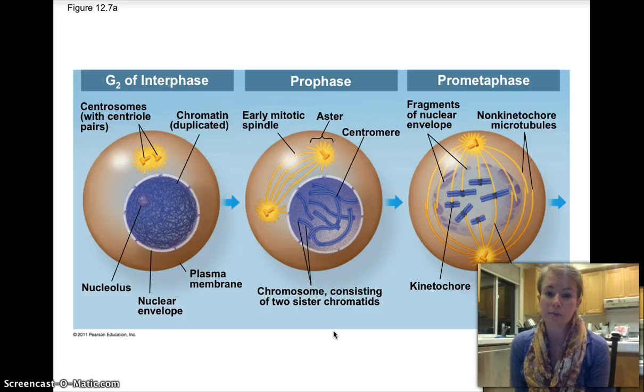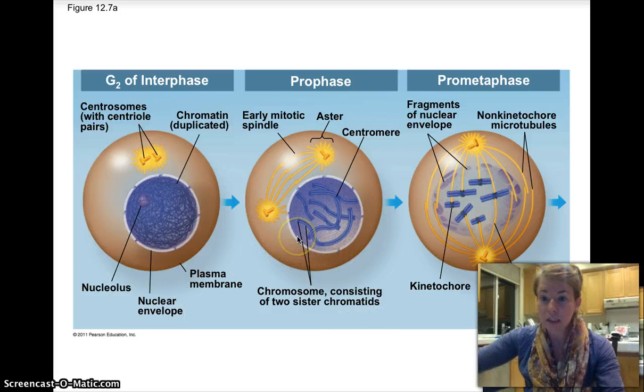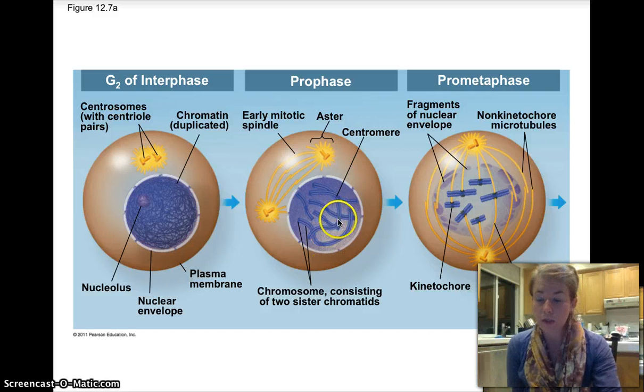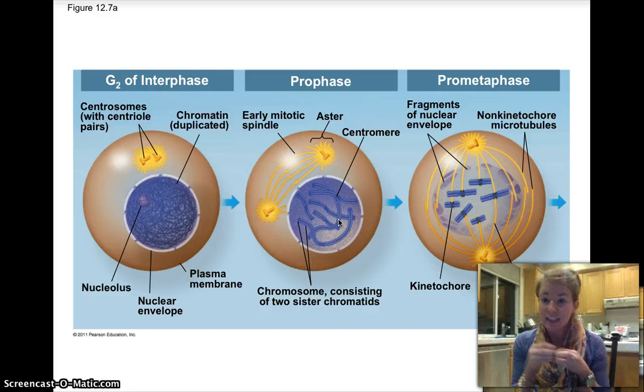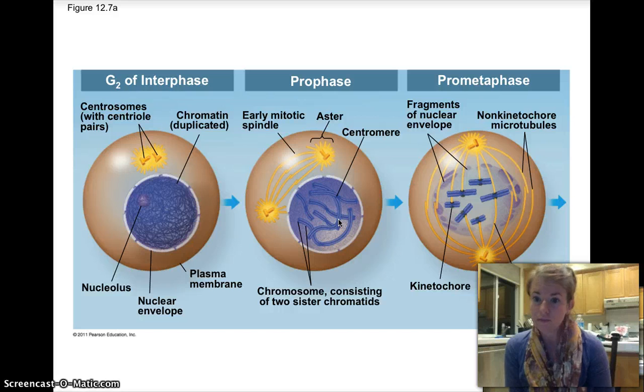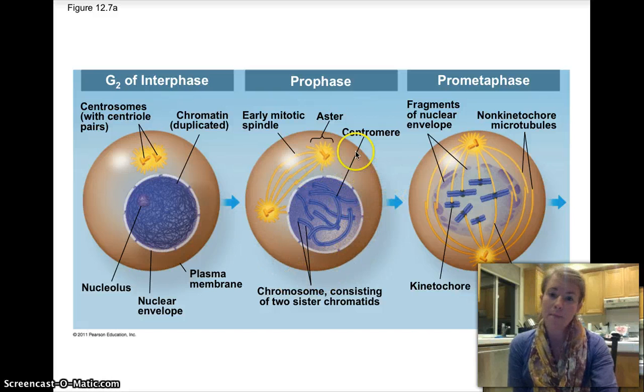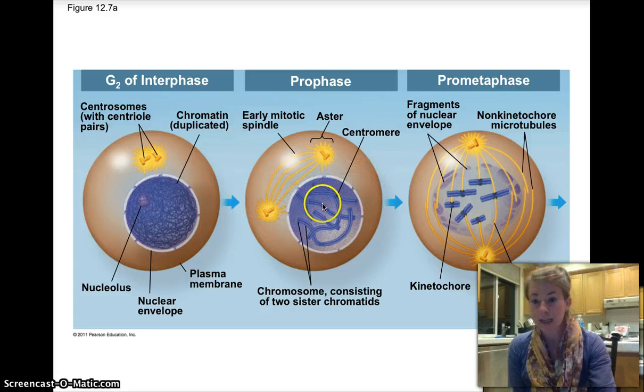The important event during prophase is that now the DNA is no longer stored as chromatin, it's stored in chromosomes. You can actually see the X's. It has condensed into these structures. The nuclear envelope is still in place. You can see that here. It hasn't broken apart yet, but the centrioles have started to move away from each other, toward opposite ends of the cell.